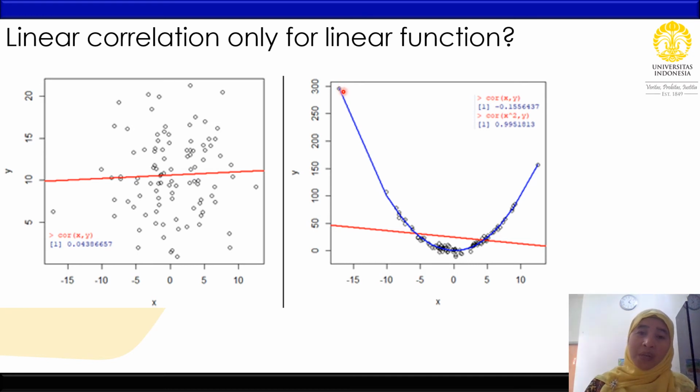And then if we put the quadratic equation over here, it will fit properly to the data. So in this case, we can see that the linear correlation can also measure other kinds of relationships between variables, but in order to identify that relationship, we need to do the visualization to help us look at what functions really link these two variables.